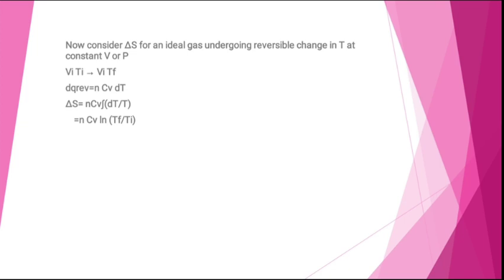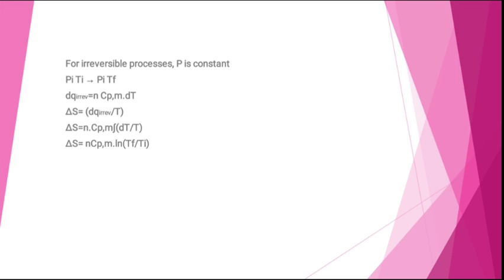So this is the entropy change when the system undergoes reversible changes, the temperature is changing and volume is constant. And for the case when pressure is constant, meaning pressure does not change, Pi Ti to Pi Tf, only temperature is changing. So dq is equal to n Cpm dT.